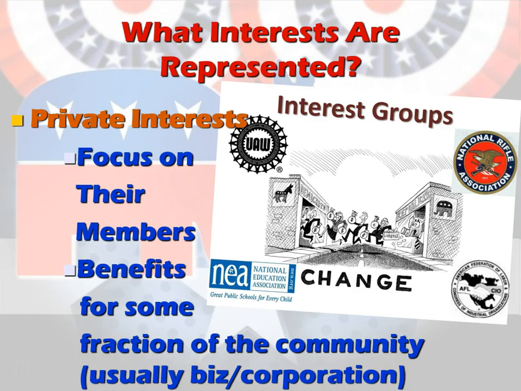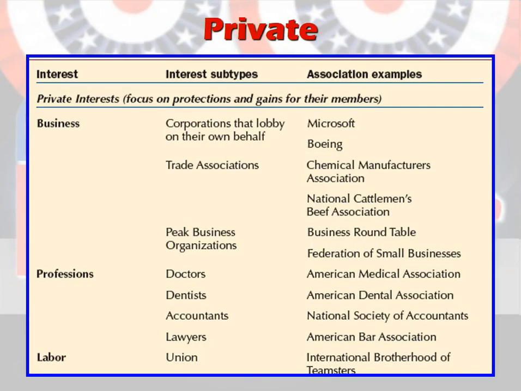Most of the private interest groups, although not all of them, tend to be sponsored by or formed by either a business or a corporation or some part of the private sector. Microsoft has not only formed a company, but they've also formed an interest group, and they're not out to benefit all of society.